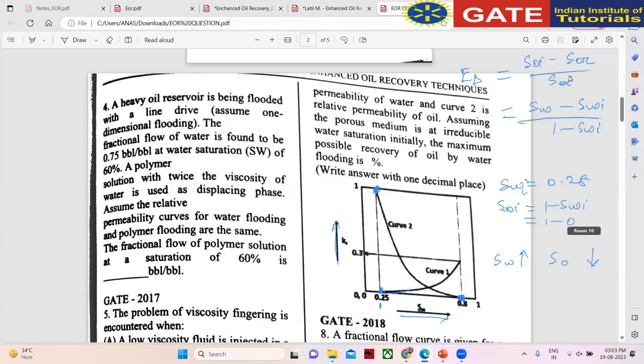So 1 minus 0.25 is equal to 0.75. Got it?